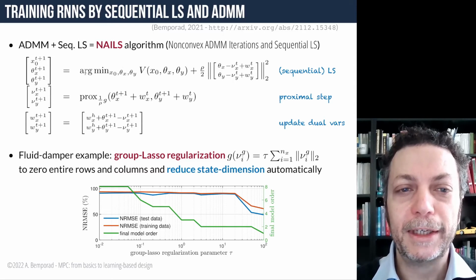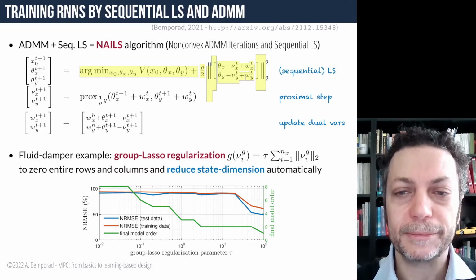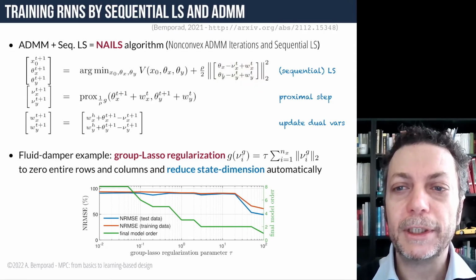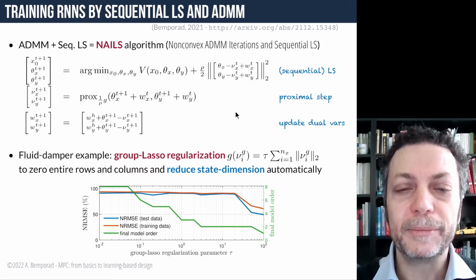So the idea is that the ADMM update for the vector of original variables x0, theta x, theta y contains the extra quadratic term due to the ADMM iterations. This can be solved by sequential least squares, as we've seen before.